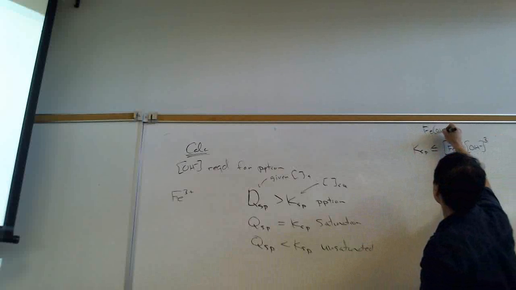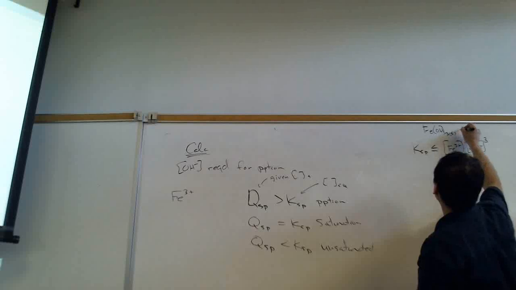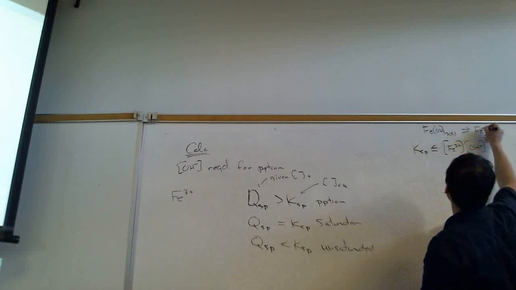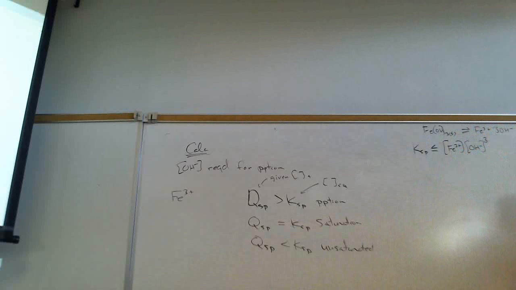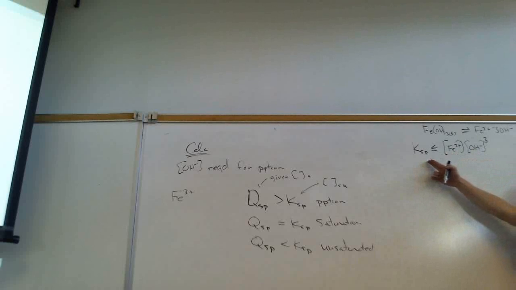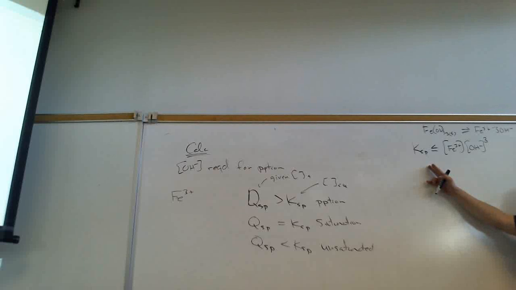The KSP equation is Fe(OH)3 solid goes to Fe3+ plus 3 hydroxide. So if these concentrations are equal, then it's saturated. If these concentrations exceed KSP, then we're going to get precipitation. Correct? And so these are the given concentrations.